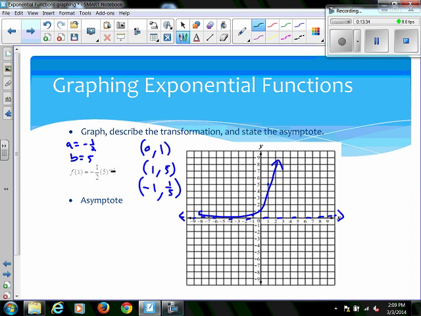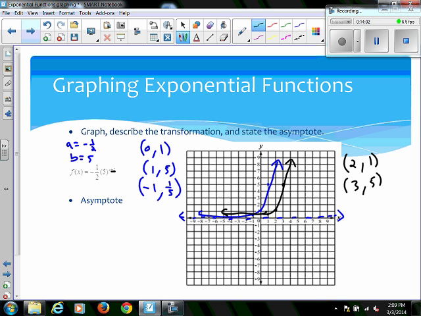So now I'm going to move these 3 points 2 units to the right. Horizontal shift doesn't change my asymptote. So now my 3 points are 2, 1, 3, 5, and 1, 1/5.